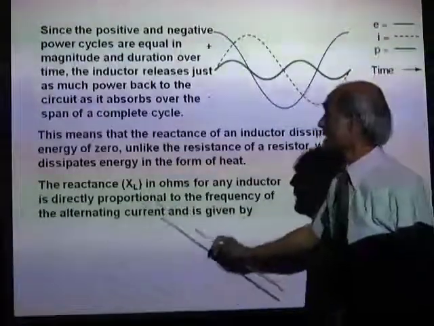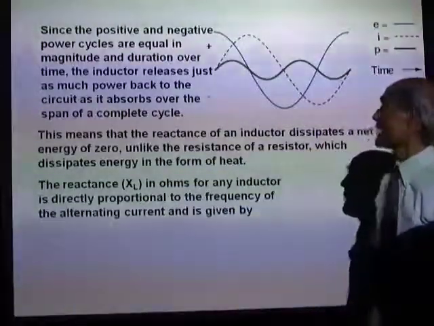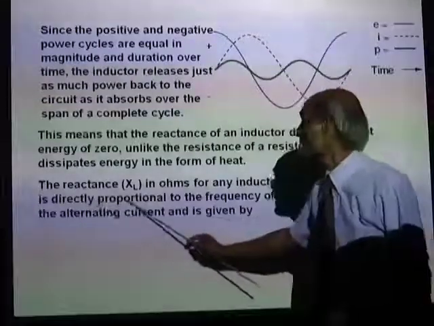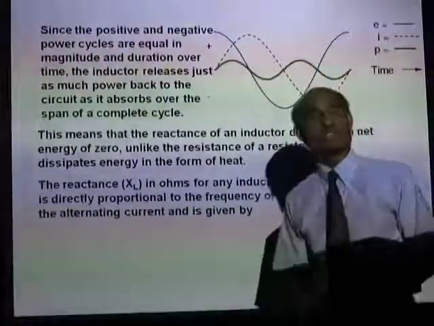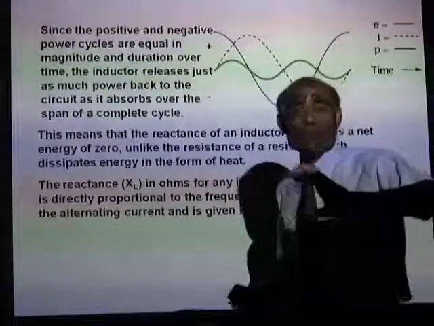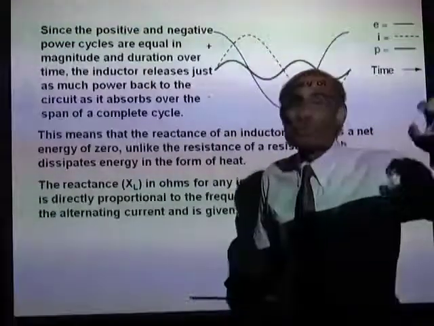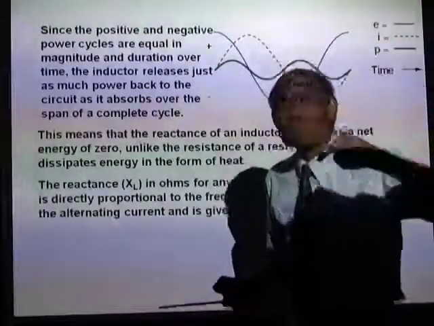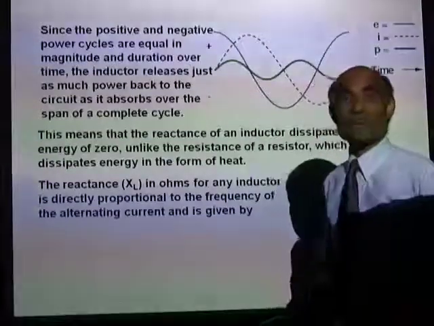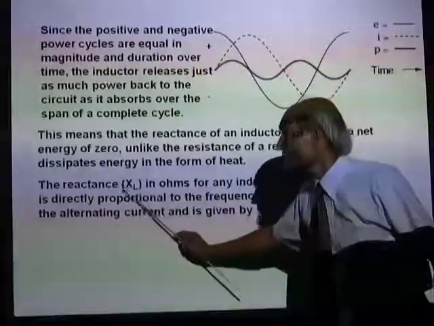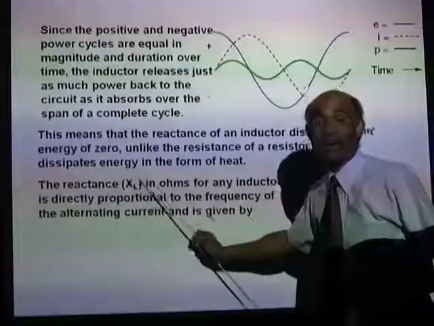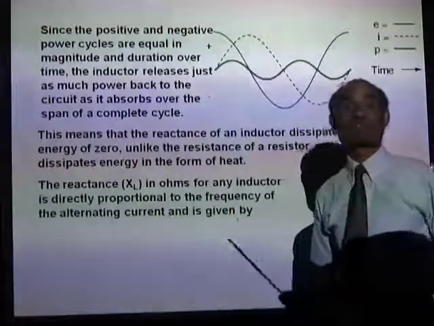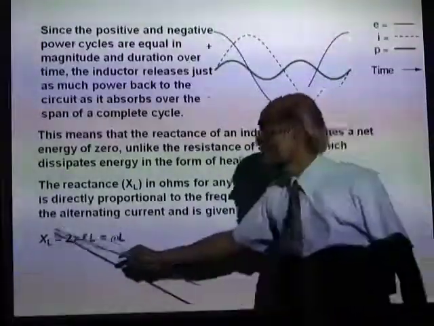The reactance XL in ohms for any inductor is directly proportional to the frequency. You must distinguish again here. For a capacitor, the reactance is inversely proportional to the frequency. For an inductor, the inductive reactance XL is directly proportional to the frequency. And look at the equation.